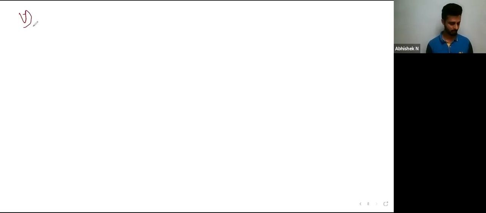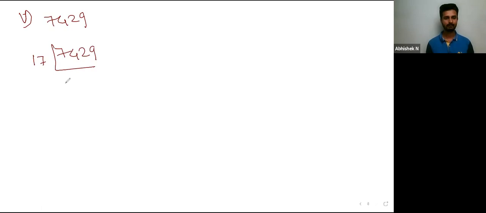Fifth one, 7429. How can you express 7429? You need to divide this by 17. Then what you get is 437.